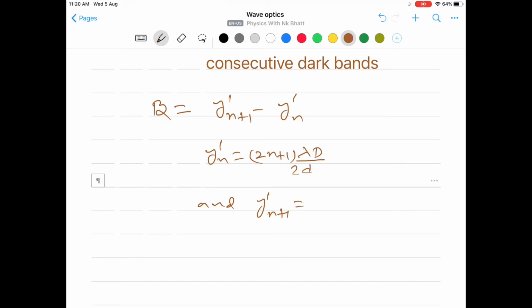y dash n plus 1 would be (2(n plus 1)) into lambda D upon 2d. What we have done, we have taken n plus 1 in place of n.